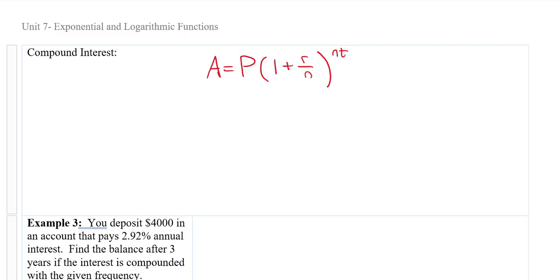Let's define these variables. In this case, A is capital A, and A means final amount. P is something called the principal. This is the initial amount.